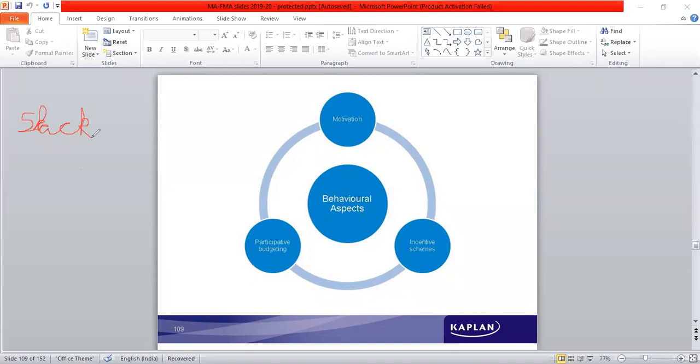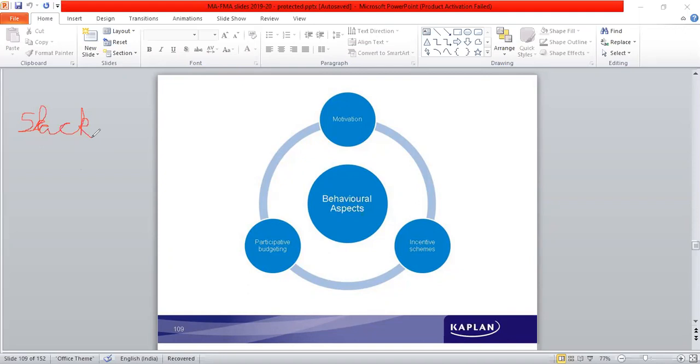Next, incentive schemes. What about incentive schemes? When the budgets are prepared, they would be evaluated in future. At the time of evaluation, at the time of performance measurement, they should be entitled to receive some incentives. The incentive should be attractive.